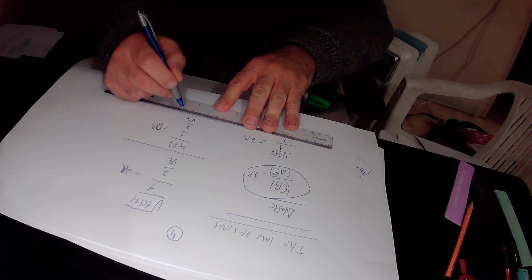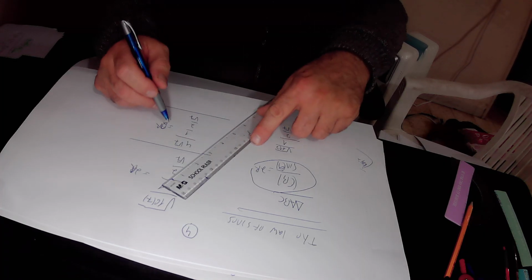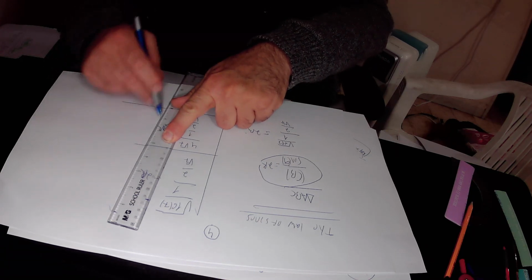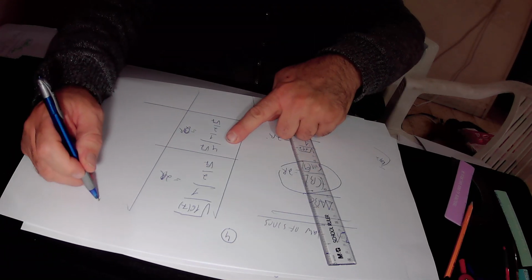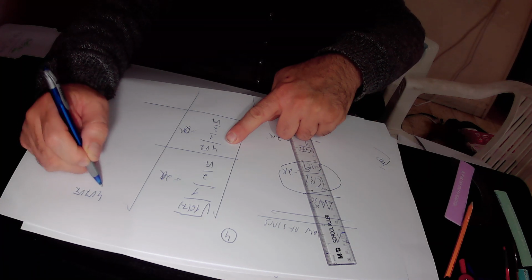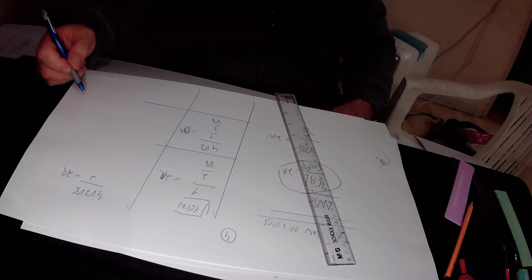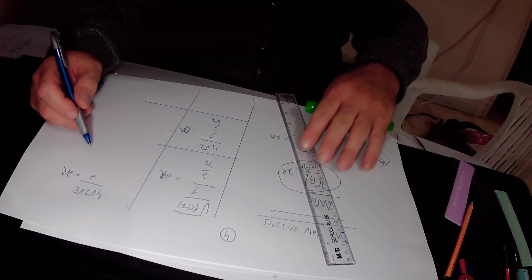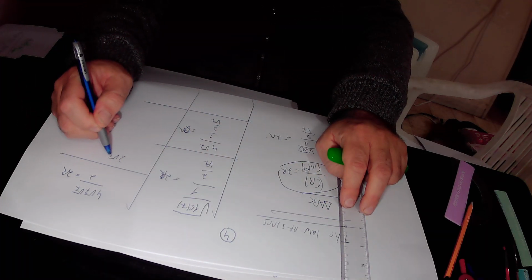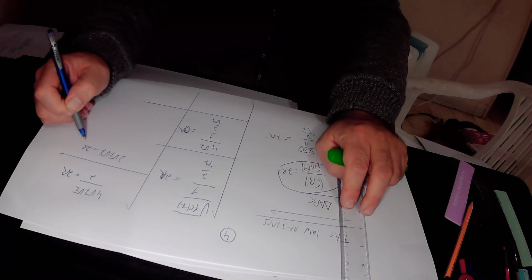Here we remove the square root of 7 in the numerator and 2 in the denominator, and we get that 4 times square root of 7 times square root of 7 over 2 equals 2R. 4 over 2 is 2, so we have 2 times square root of 7 times square root of 7 equals 2R.